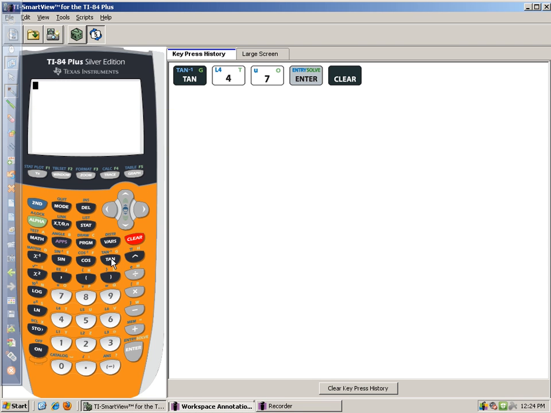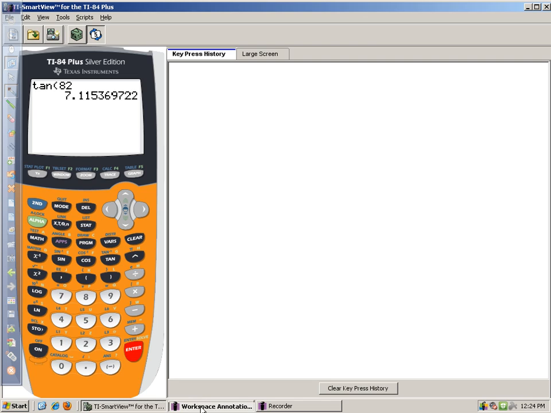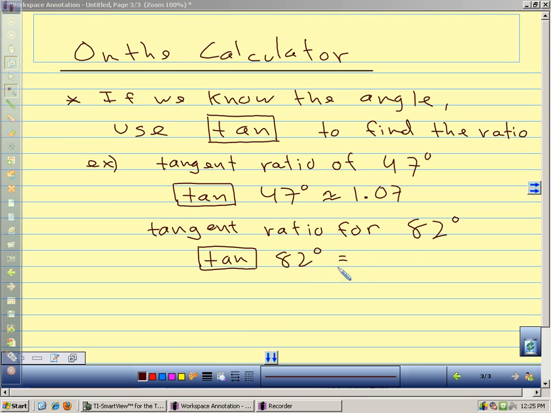I'm going to do tangent 82 equals about 7.12. And that's all there is to it. So I'm going to go back here and say that's about 7.12. So if we know the angle, we use the tangent button to find the ratio.